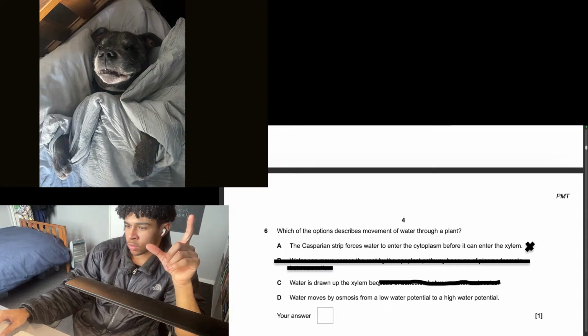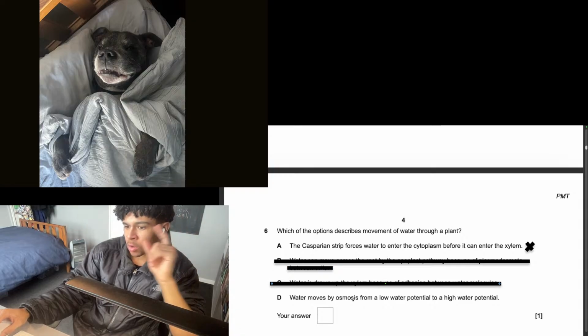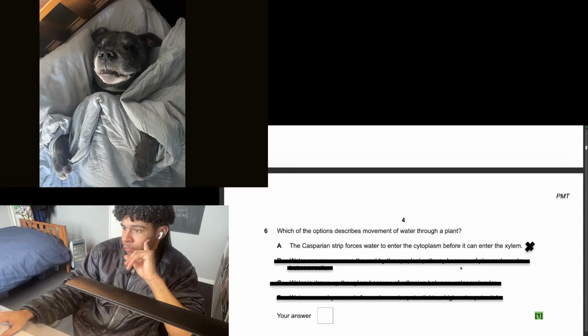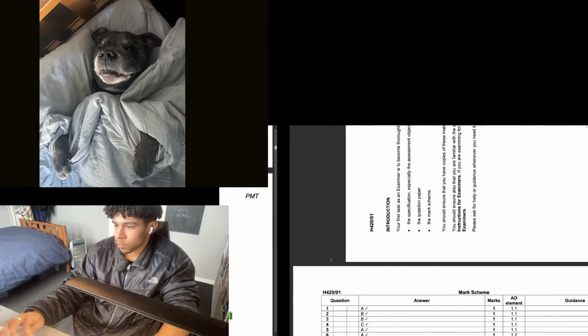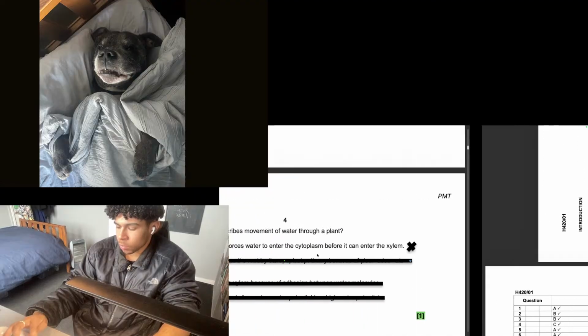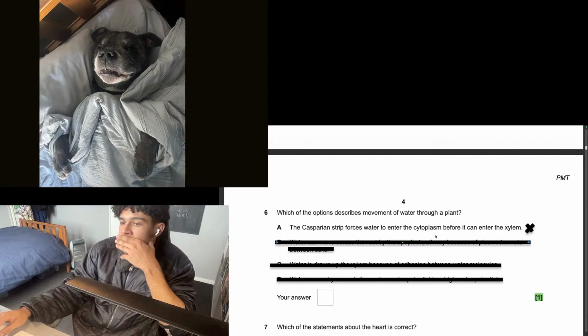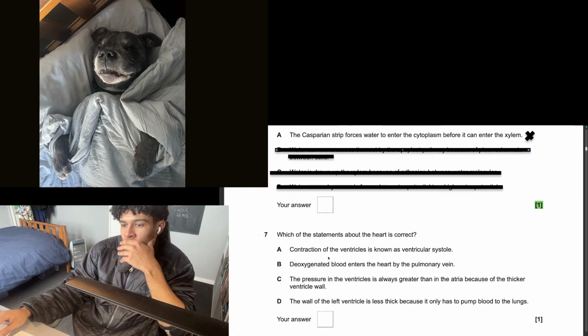It's cohesion between water molecules, I'm pretty sure. So I'm guessing 6 is A. I wasn't even sure about that, but okay, so I'm not gonna Google it. I'll do questions. That's my weak topic I need to work on.